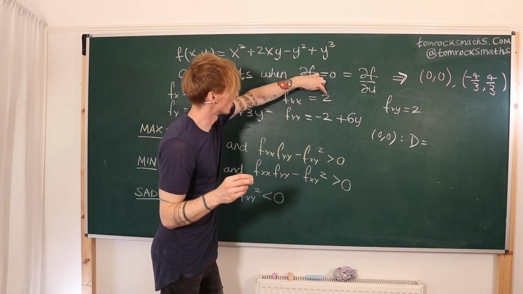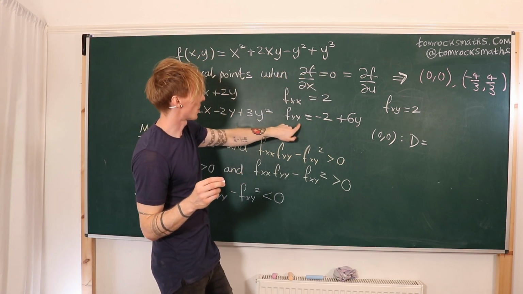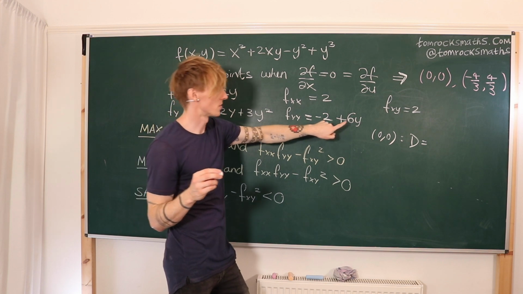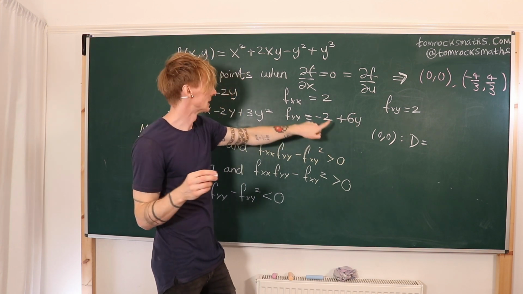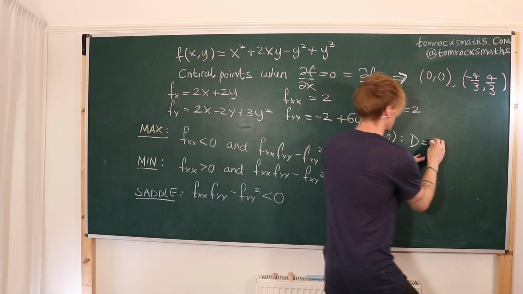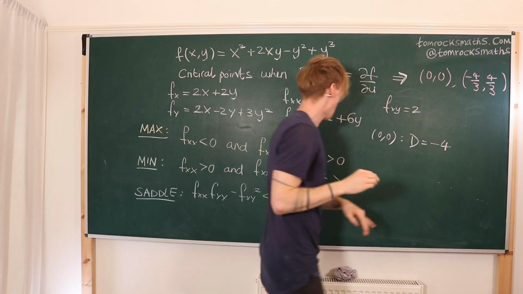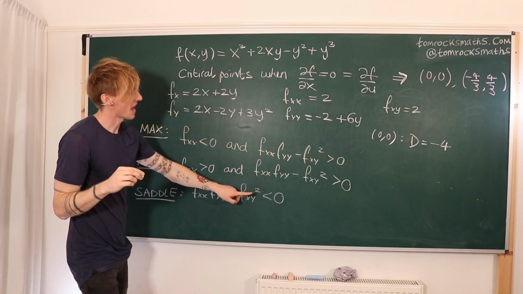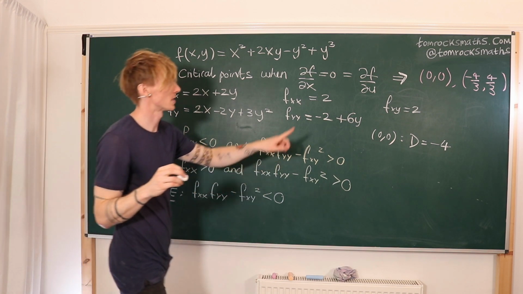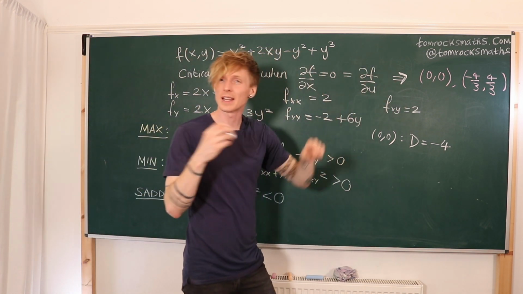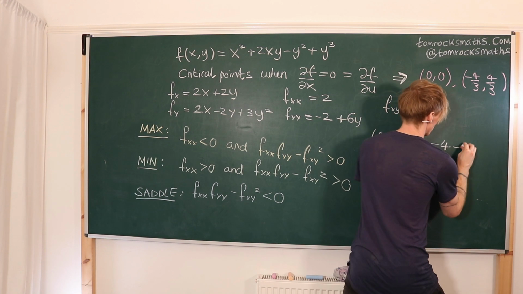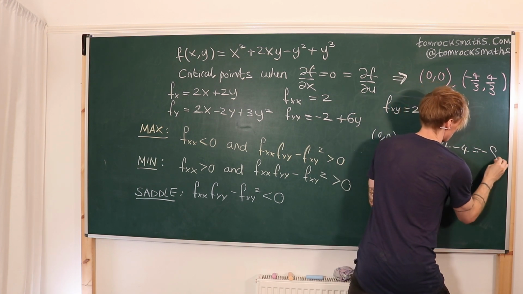That's 2 times fyy, which is minus 2 when you substitute in y equals 0. So I've got 2 times minus 2, so that's minus 4. And then we subtract off fxy squared. fxy is 2, squared is 4, so it's minus 4 minus 4, so that's minus 8.